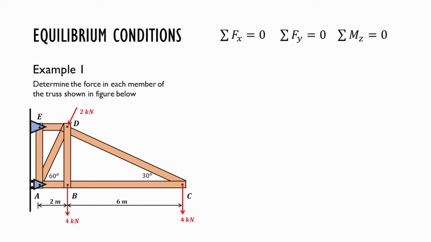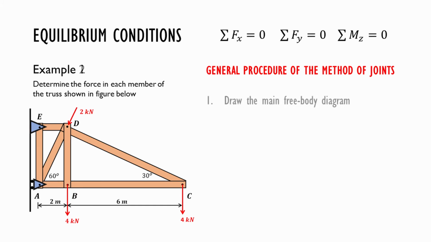Example 1. In any truss problem, if it asks you to determine the force in each member of the truss, we prefer using the method of joints. This is the general procedure of the method of joints. Number 1, draw the main free body diagram.